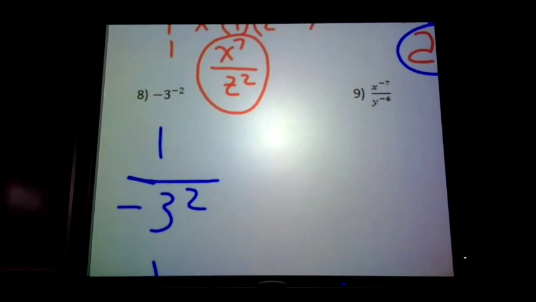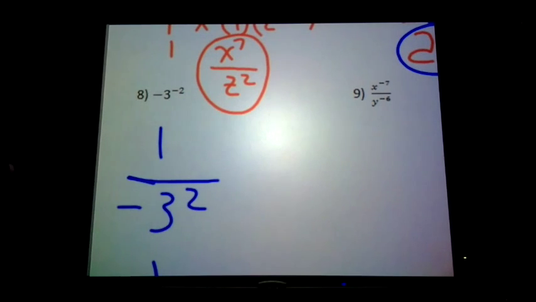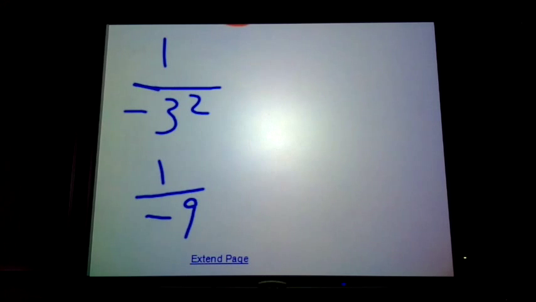Okay, so do you agree with that? Yes. Okay, so 3 squared is 9. So if there was no negative involved, it'd just be 1 over 9. But the 3 is the only thing being squared. The negative's not there. If I wanted this to be a positive answer, this needs to be in parentheses. So this negative is going to travel along for the ride. So I'm going to get negative 1 over negative 9, or negative 1/9, or negative 1 over 9.